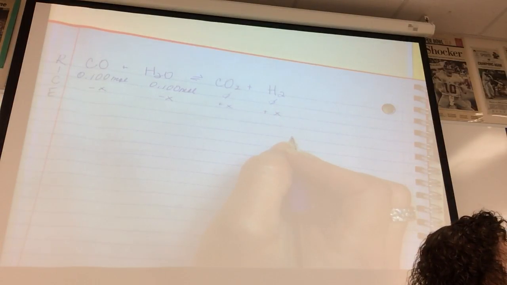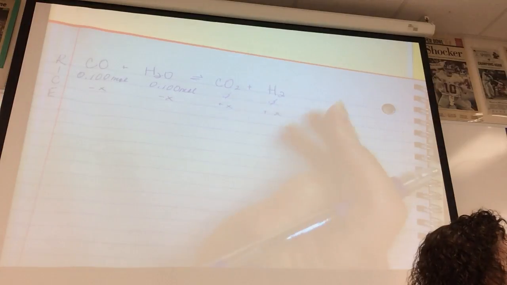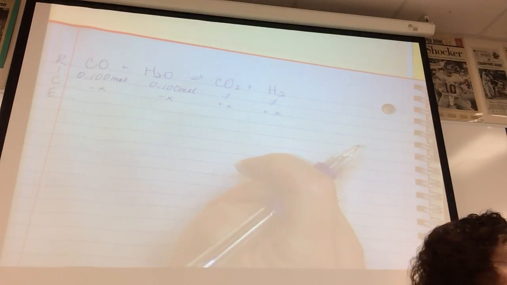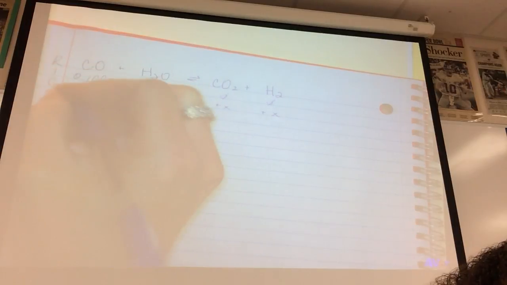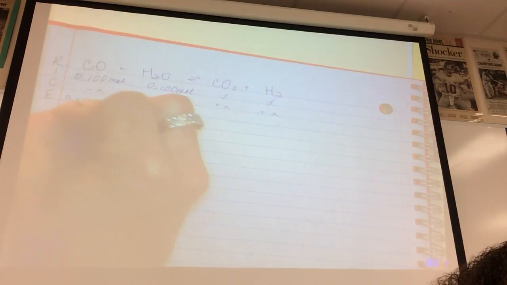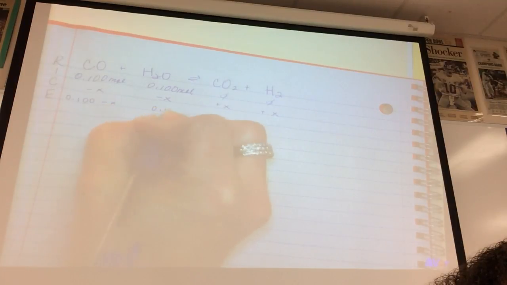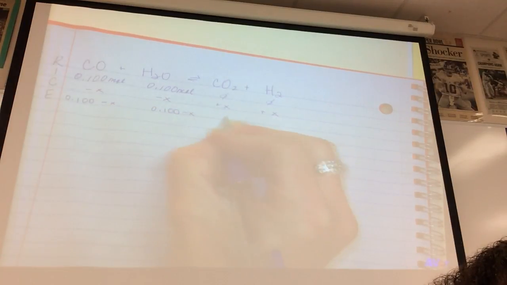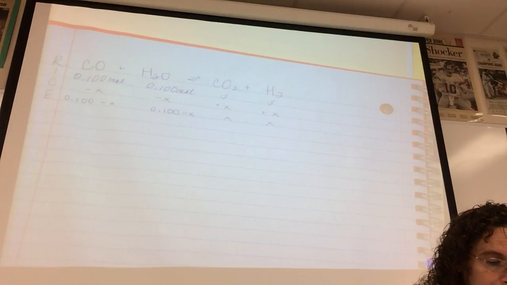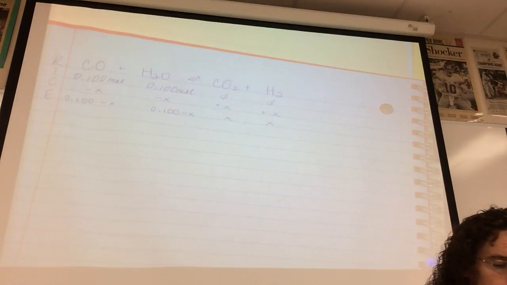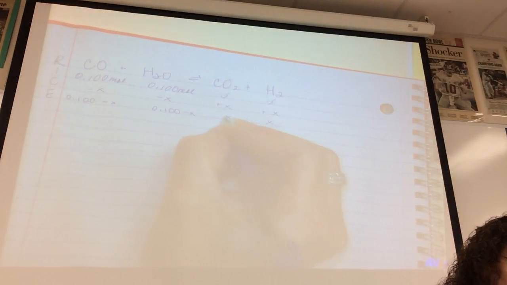It's a 5-liter flask. That we don't need. They don't tell us anything else. So it's 0.100 minus x, 0.100 minus x, and x. Is the E line clear? Does that make sense? Yes.